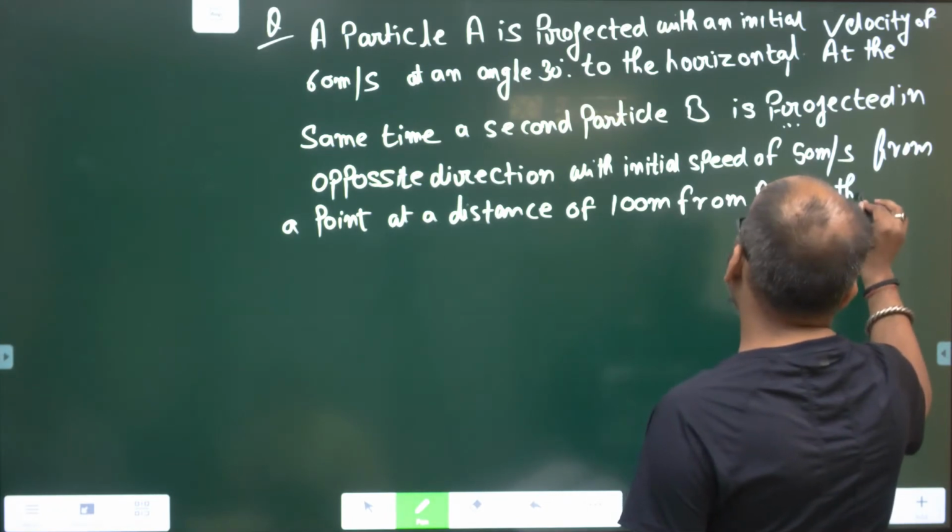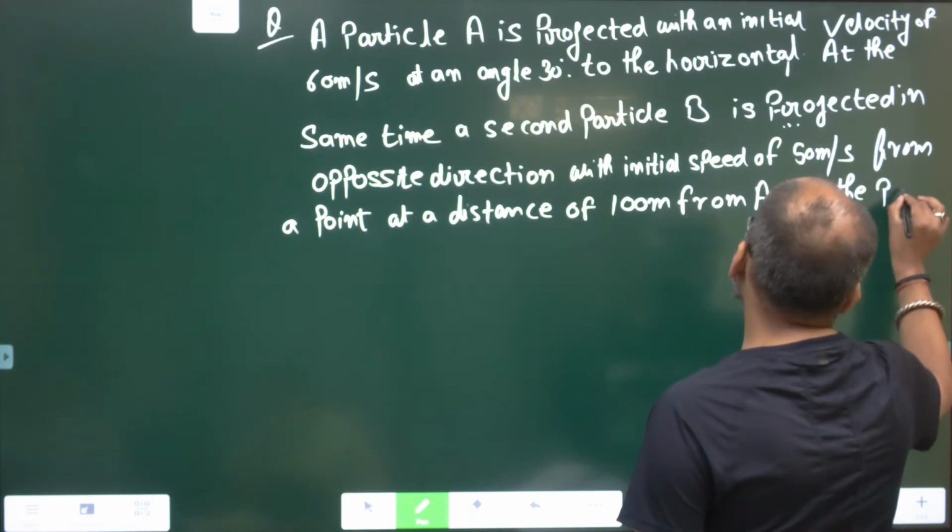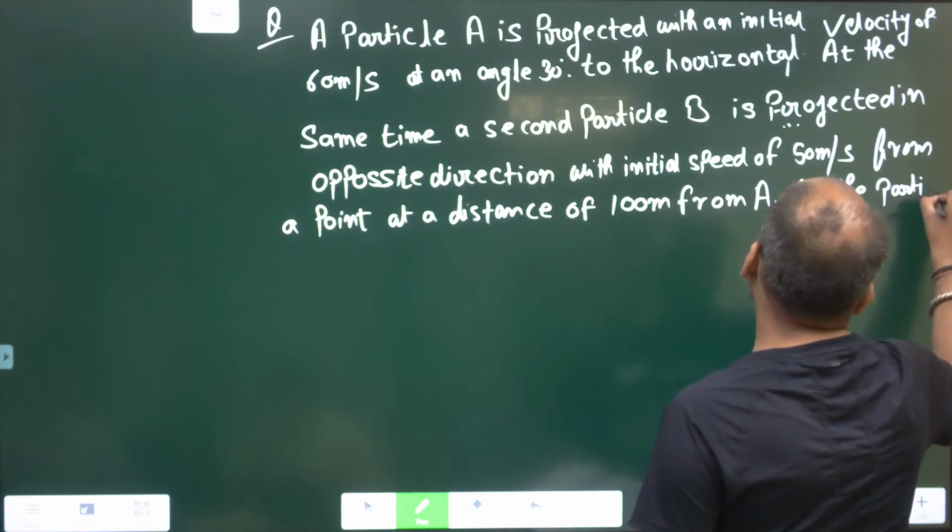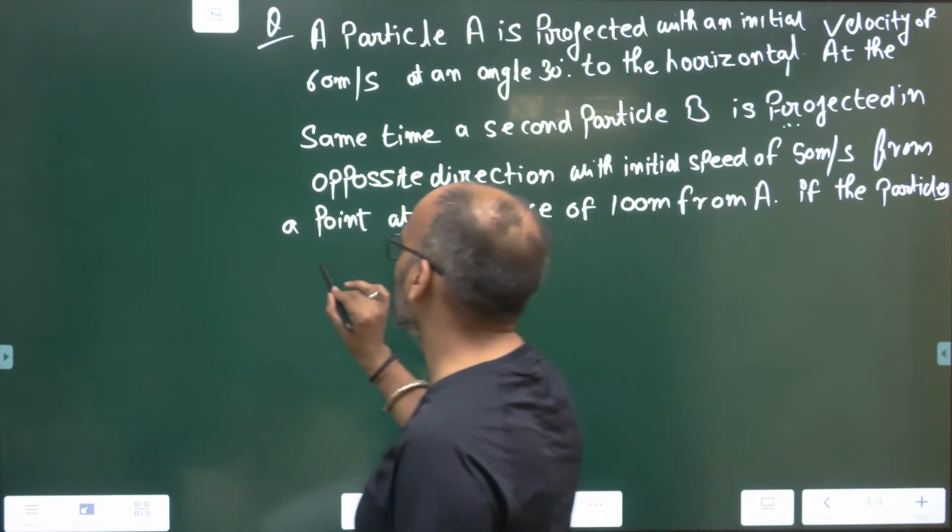You don't have to worry about the collision now, but once I do the collision, then the things will change.